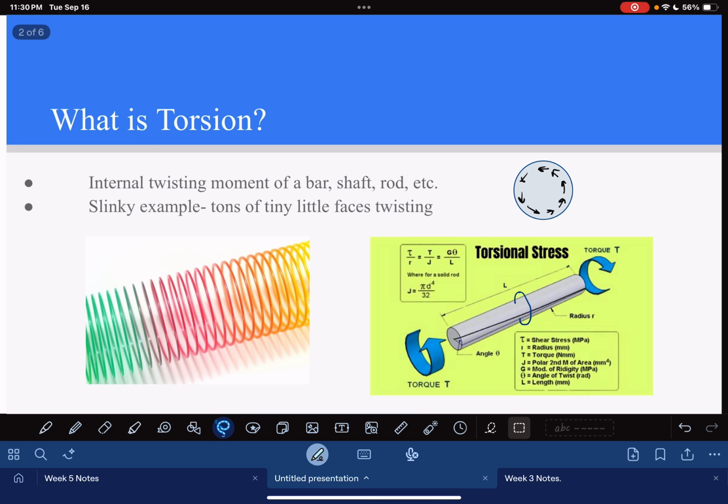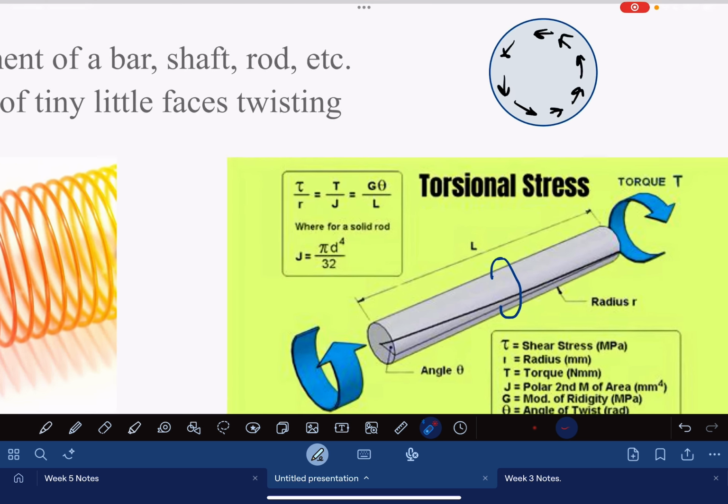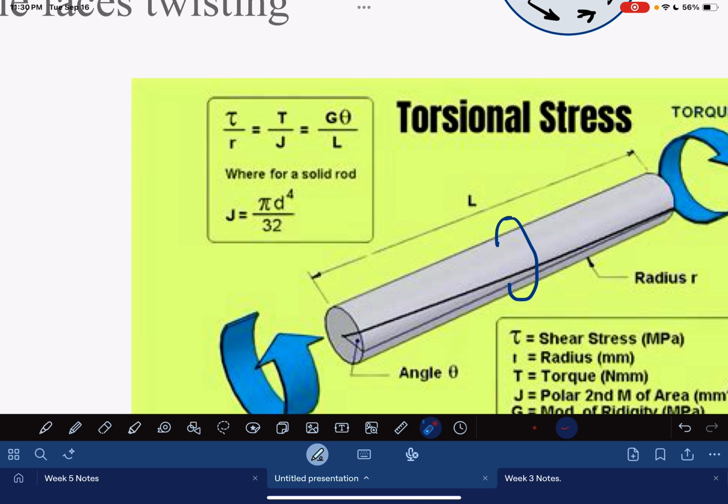So, first of all, what is torsion? I think the best way to think about this is imagine a bar, as we have pictured here, and we have a twisting force where a torque is applied in one direction and another torque on the other side is applied in the other direction, giving this twisting motion.